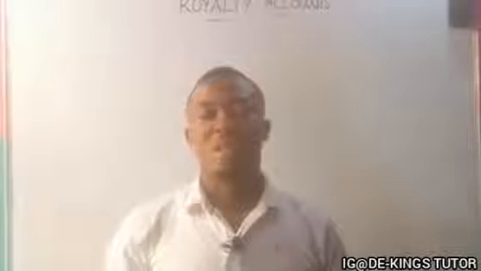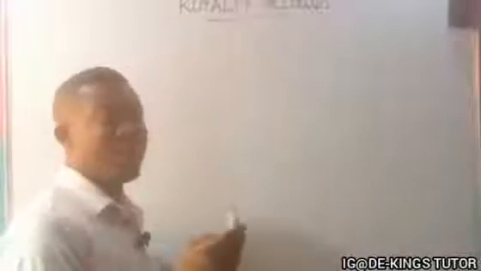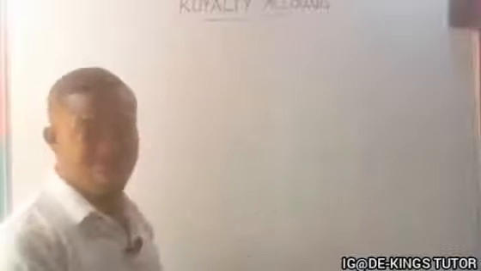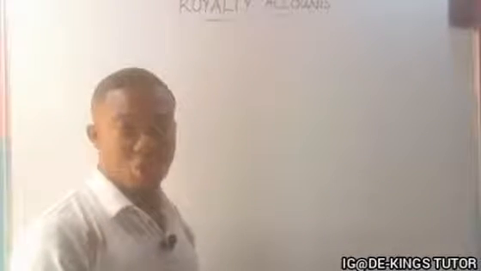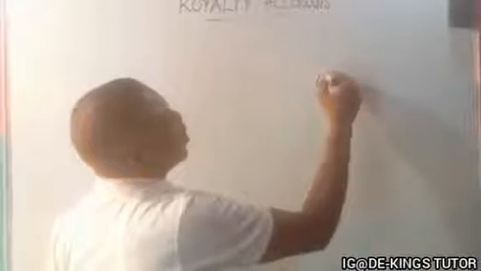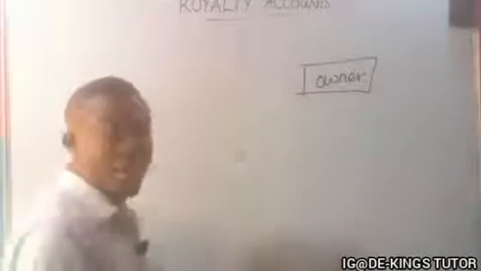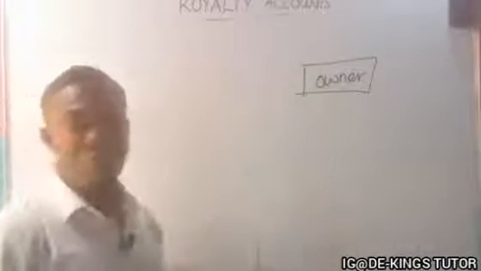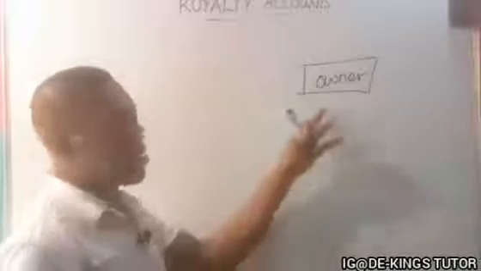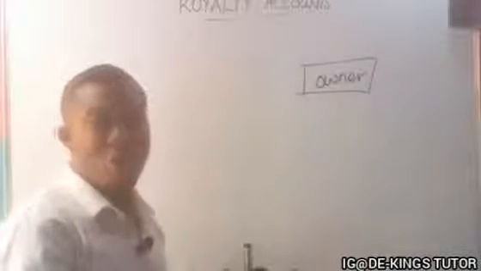Now, for instance, if we have an individual that wrote a book or a song, let's say we have an individual who is the owner. The owner has a right called copyright.